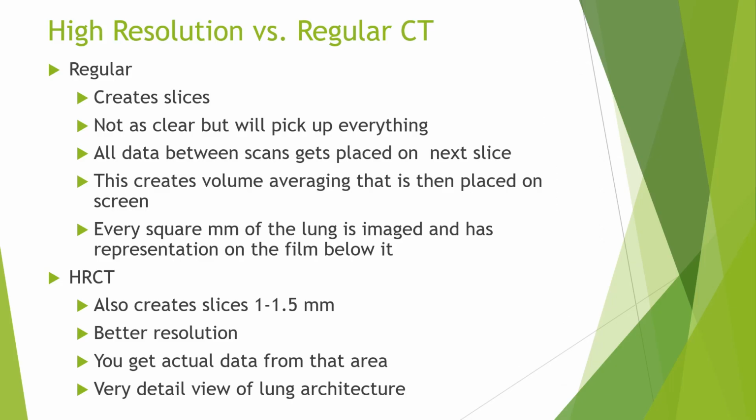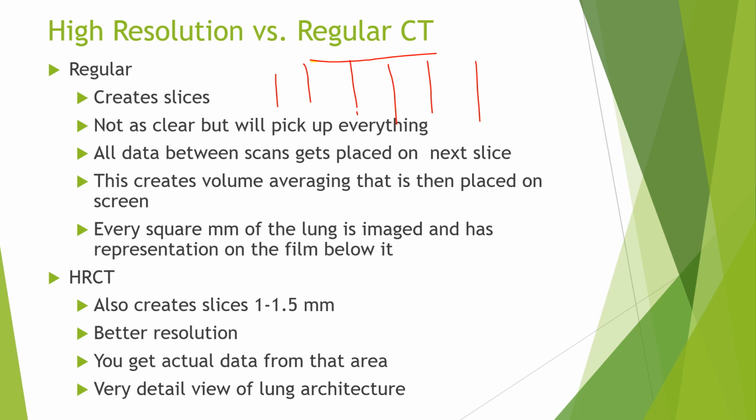So let's talk a little bit about high res versus regular CT. Like I said, regular CT is becoming more of a thing of the past as of this recording. So not something I'm going to stress in depth, but something you should be aware of. Regular CT just creates slices at defined intervals. It's not as clear, but it will pick up everything.